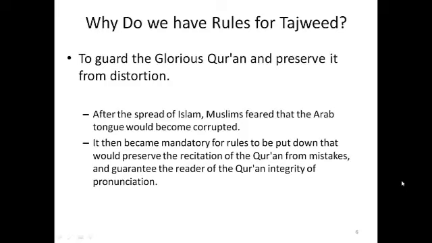So Muslims feared that the Arab tongue would become corrupted, which would result in some misinterpretations of the Quran. So it then became mandatory for rules to be put down that would preserve the recitation of the Quran from mistakes, and guarantee the reader of the Quran an integrity of the pronunciation.